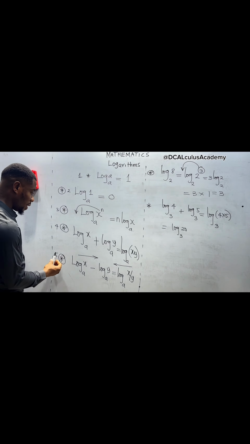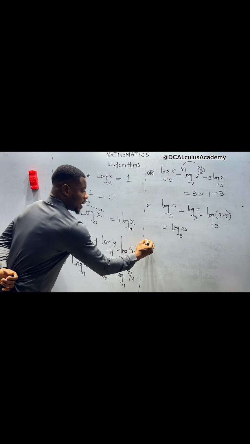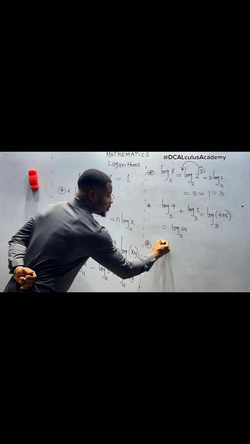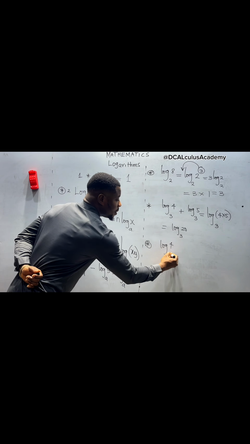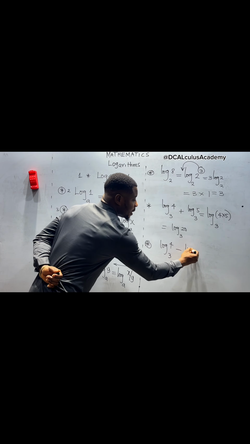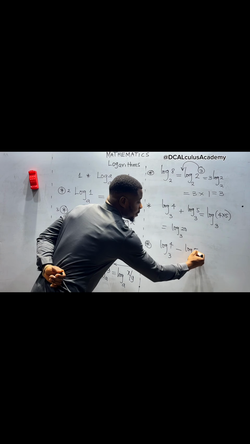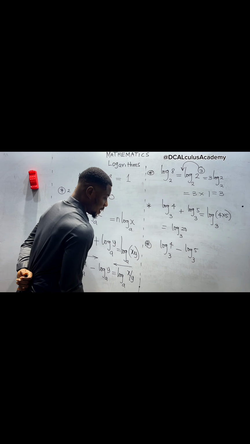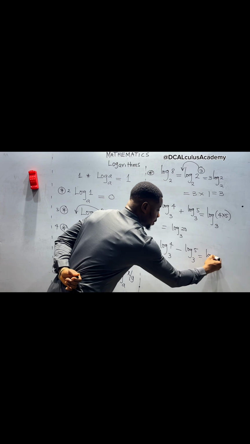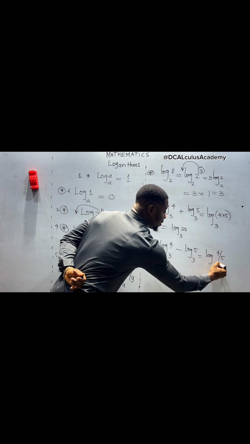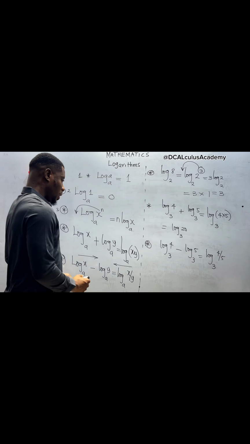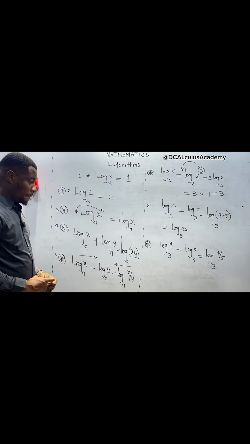In the same way, when I have log 4 base 3 subtracting log 5 base 3, this is the same thing as saying log 4 divided by 5 base 3. This is it.